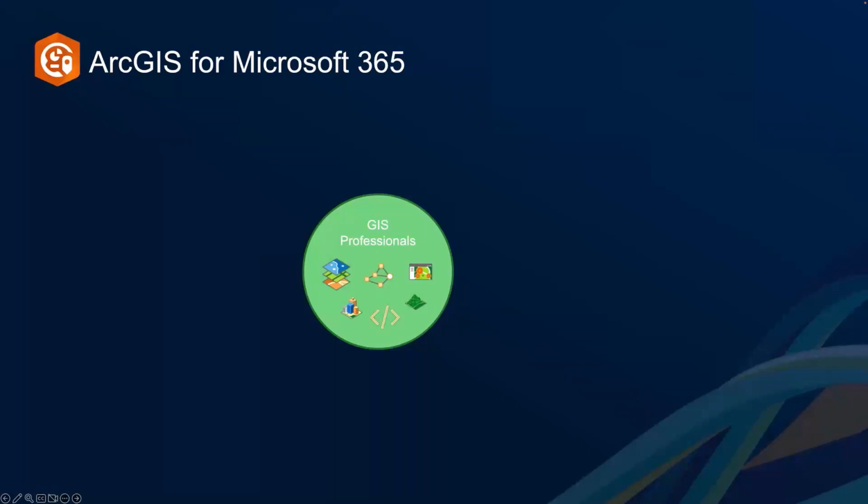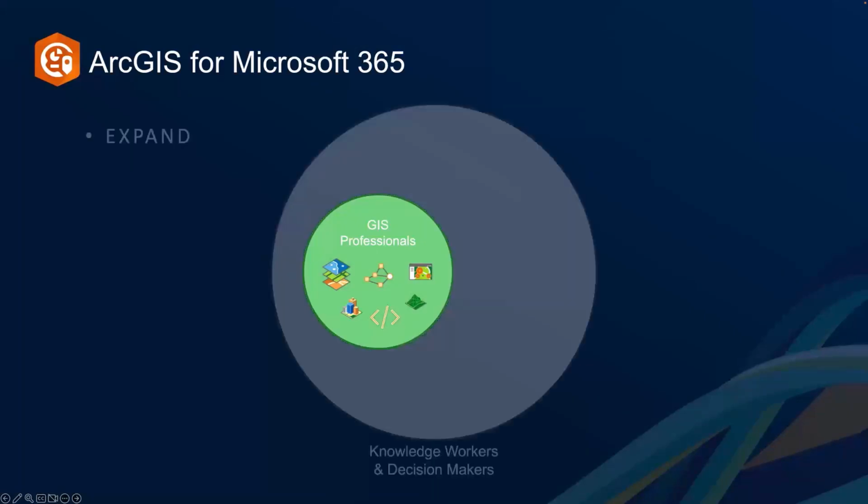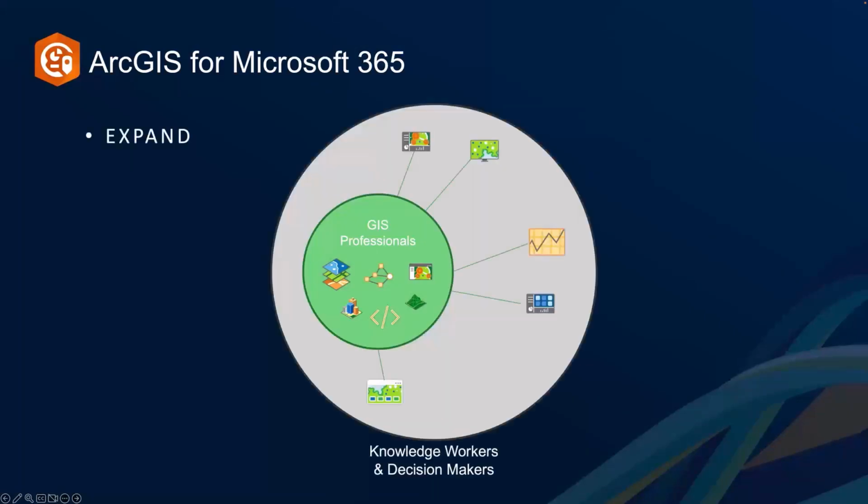And as we all know, most of the people in an organization don't have access to ArcGIS systems, software, and data. It's usually just the GIS professionals. But with ArcGIS for Microsoft 365, the components can expand the reach of geospatial professionals using Microsoft applications as ArcGIS clients and get the location information in the hands of others in the organization.